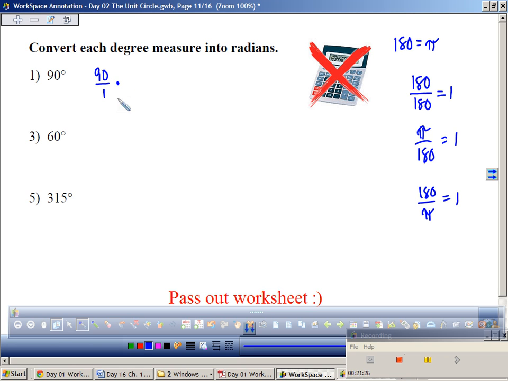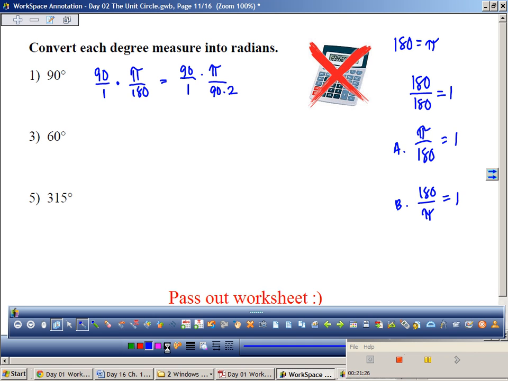Which one would make me cross off the 90 degrees and give me radians? This one or this one? A or B? A. Pi over 180. Aren't I just multiplying 90 by 1? Okay. So 90 over 1 times, and you don't have to get this detailed, but I'm going to. 90 times 2 is 180.